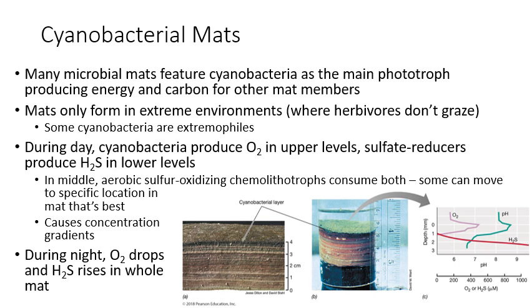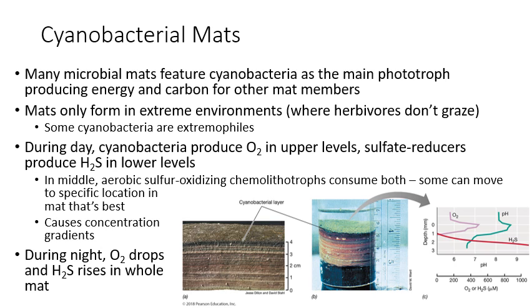Cyanobacterial mats would only be found in extreme environments. That would be commonly hot springs or right next to a hot spring. That's because if a microbial mat like this were to try to form just on the ground, animals are going to come by and disrupt it, because you have constant grazing anywhere that's not extreme.